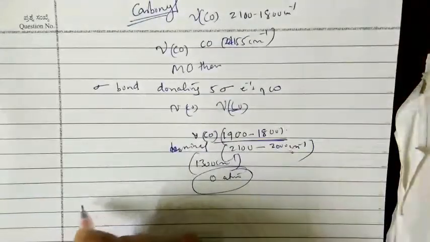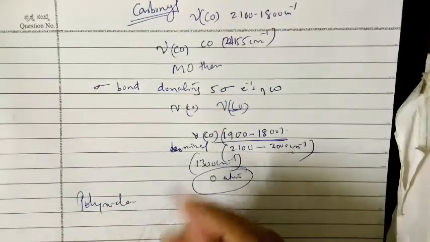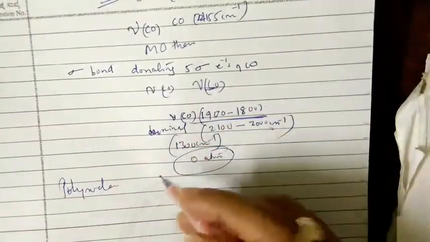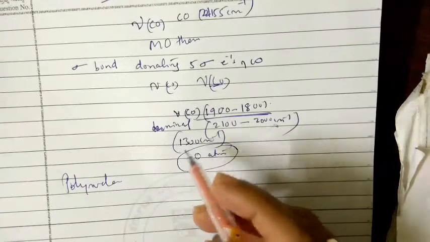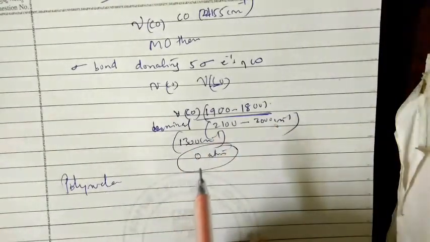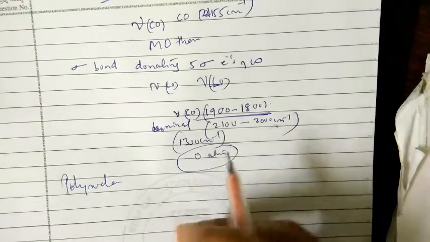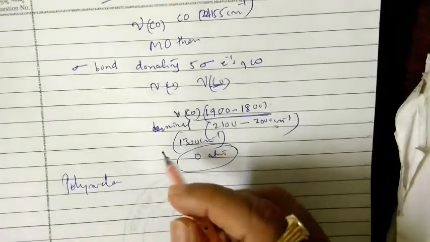Today, for the polynuclear carbonyls, these polycarbonyls have a variety of structures. Elucidation of their structures by vibrational spectroscopy is very interesting, very complicated and very interesting, with many principles involved here.